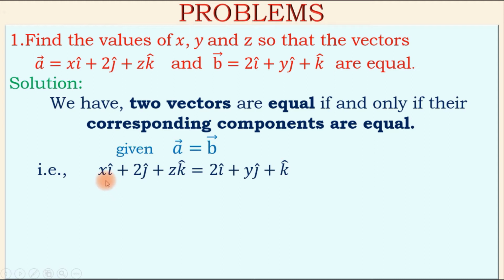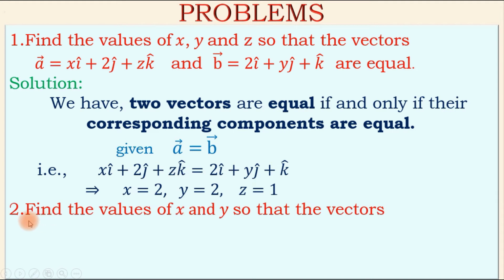Here, if we equate corresponding components of the two vectors, that is, components of i cap are equal, components of j cap are equal, components of k cap are equal, means x is equal to 2, y is equal to 2 and z is equal to 1.